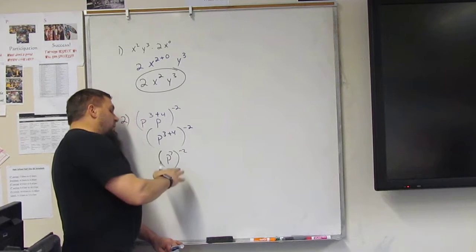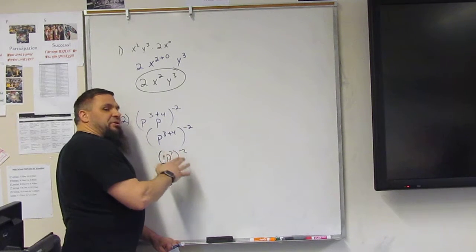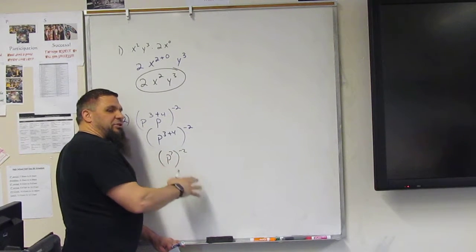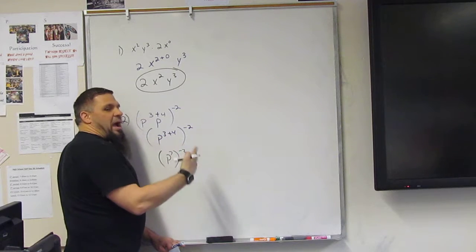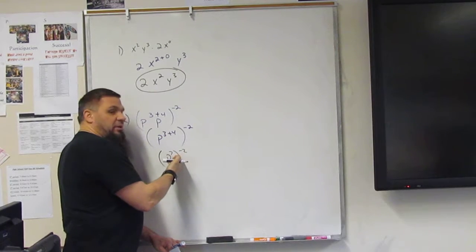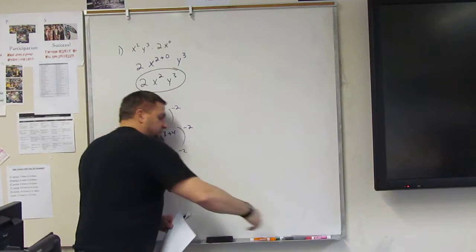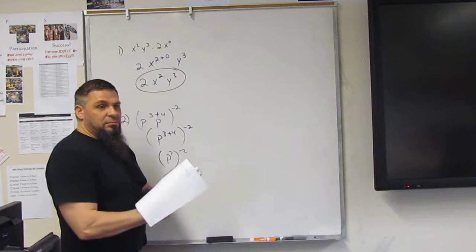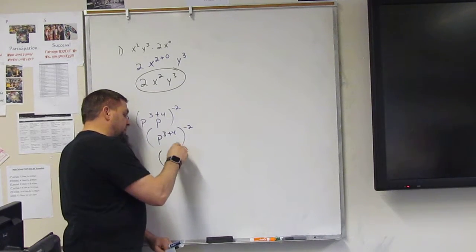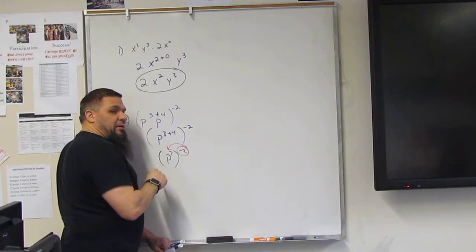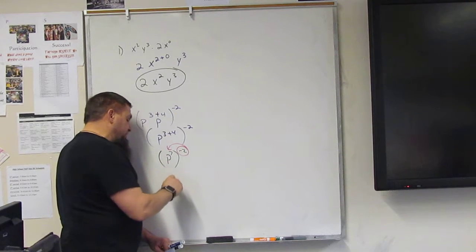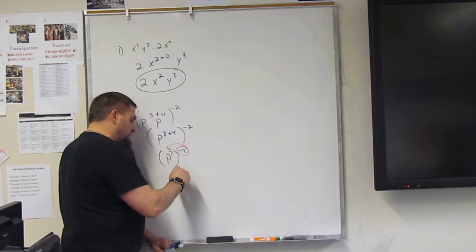So the negative 2 means 2 things. But if we just remember the power rule, power of a power means that we are going to multiply. So I'm going to take this number and multiply it times 7, which gives me negative 14. p to the negative 14.